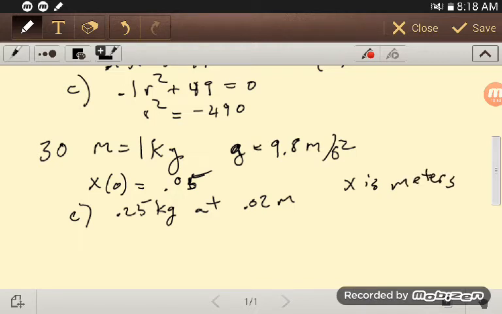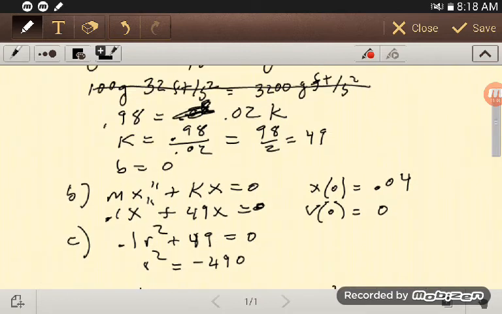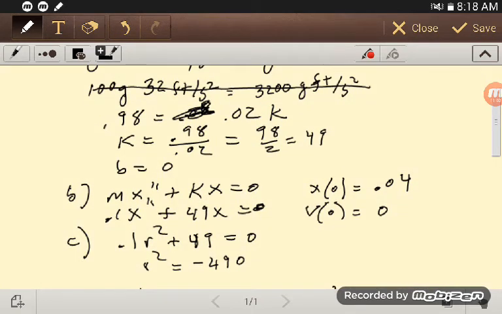Okay, you have that, and then if you look at k, I got to go back up here and look at it. Right, we had newtons, so kilograms meters per second squared over, and we divided by meters.